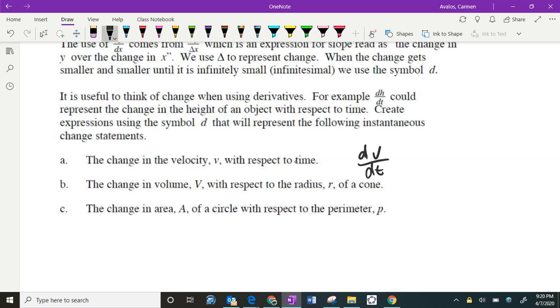This one here is the volume, so we would say dv over dr. We know the radius, and we want to find out how the volume is changing. And then here we know the perimeter, and we want to know how the area is changing. So we say that that's going to be dA over dP. So this one here is the one that we know, that's the one we're doing it with respect to, and then we are trying to find the area.